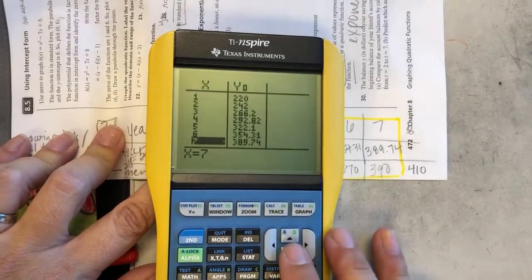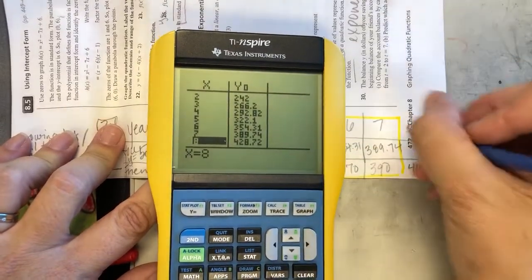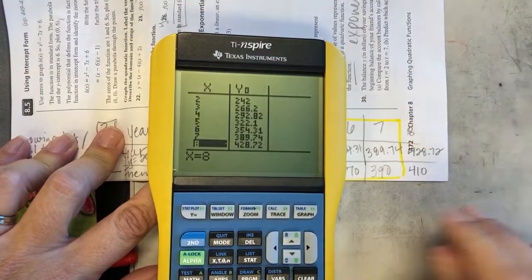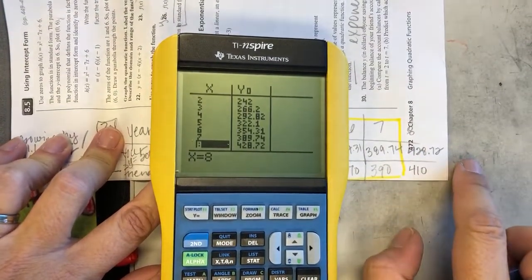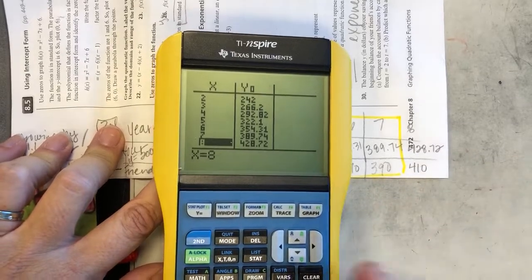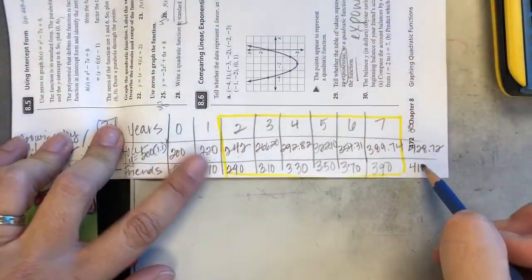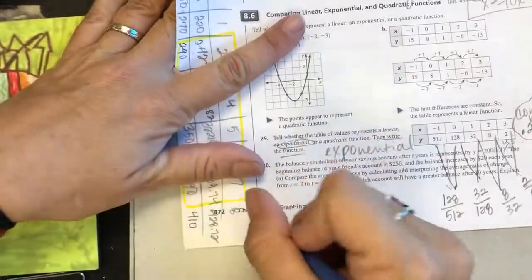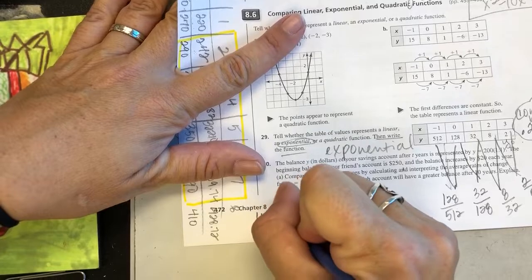I think your exponential growth, yeah, at 8 years for this one, I'm already up to 428.72. And it's going to grow more and more each year. Which account is going to have a higher balance after 10 years? It's going to be yours. Your account will have a higher balance after 10 years because it's growing exponentially rather than at a constant rate.